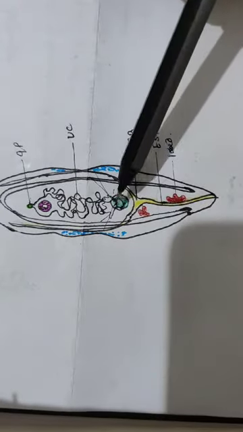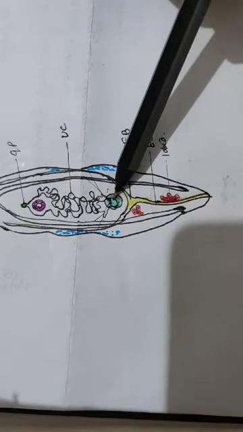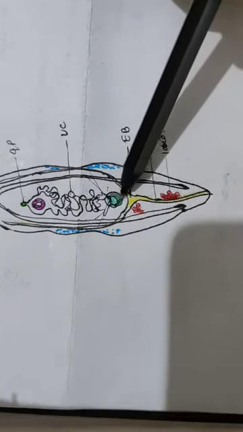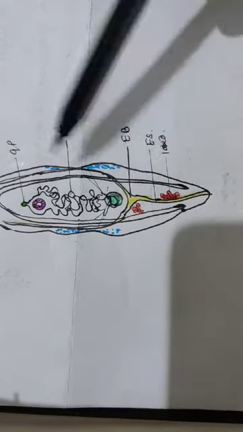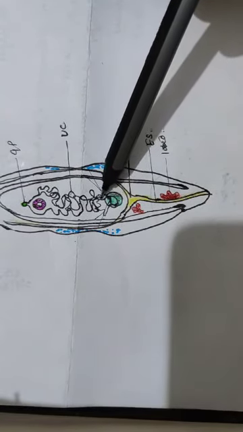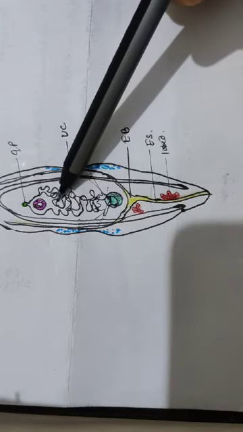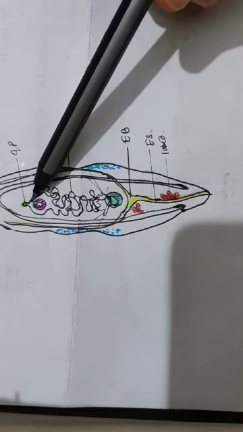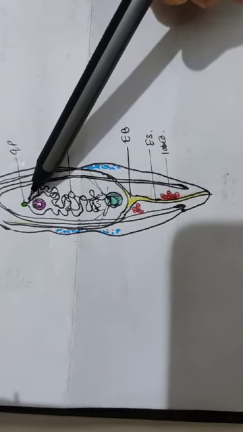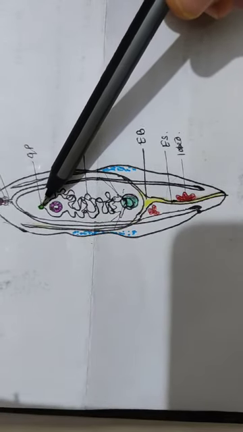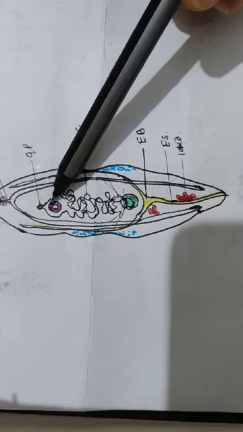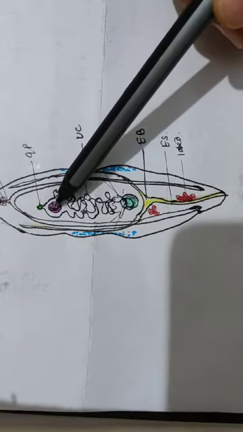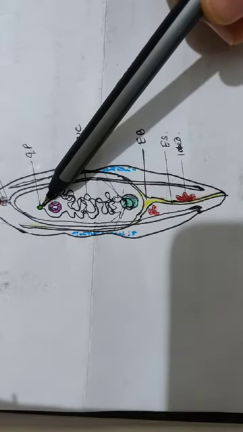Then comes the one which is in green color. It is the ovary, and you can see the uterine coils extend up to the ventral sucker, and the one marked here with green is the genital pore. The genital pore is present anterior to the ventral sucker.